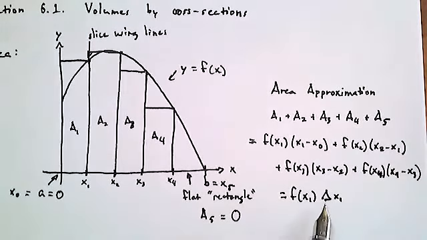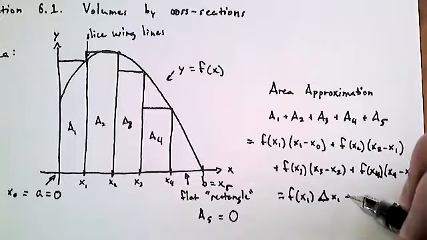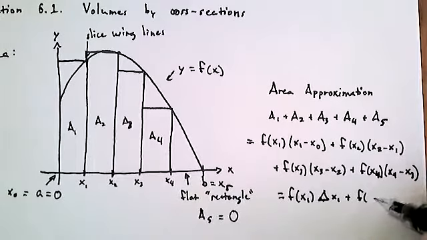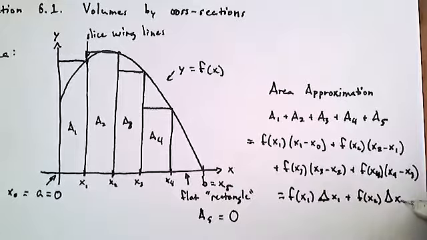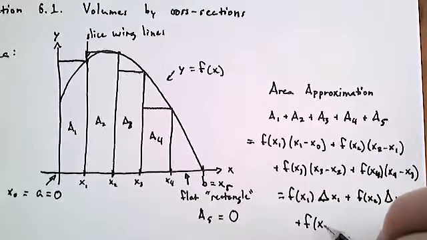So delta is the symbol that we use in math to represent change. So this is something like the change from x0 to x1. And this simplifies the notation a little bit. And then the third rectangle.